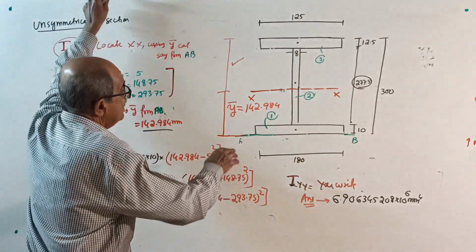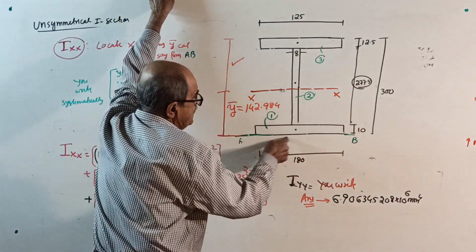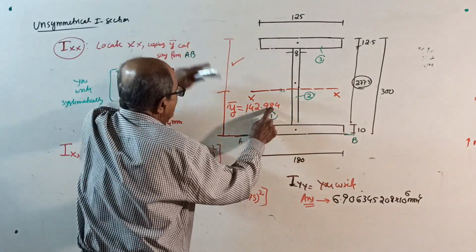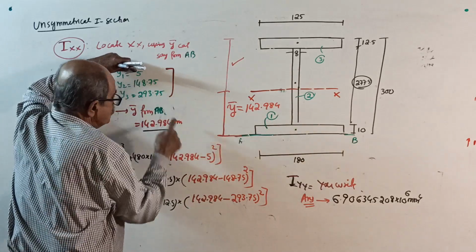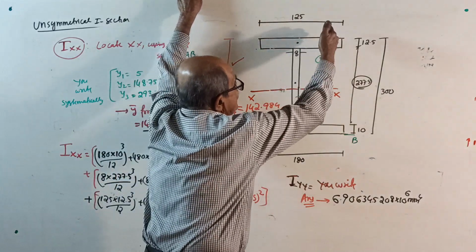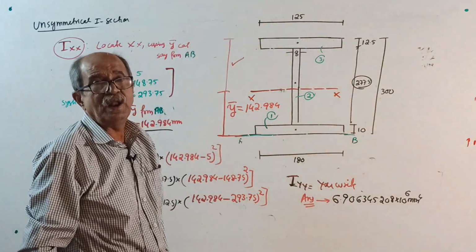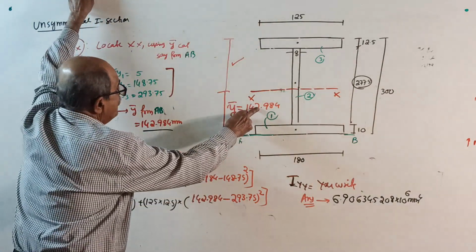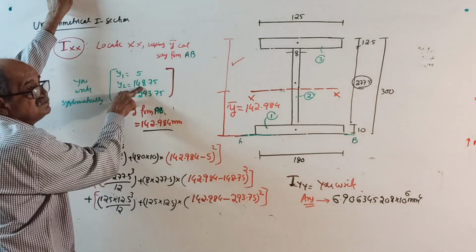Okay, start. IXX: 180 into 10 cube by 12 plus area into 142.984 minus 5 whole square. Second one, 8 into 277.5 cube by 12 plus 8 into 277.5 area into y bar minus y2 square. That's all.